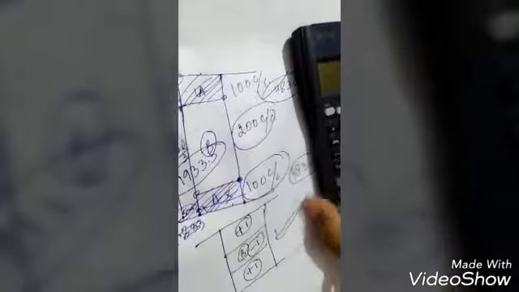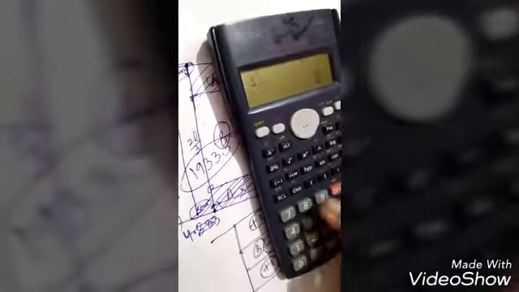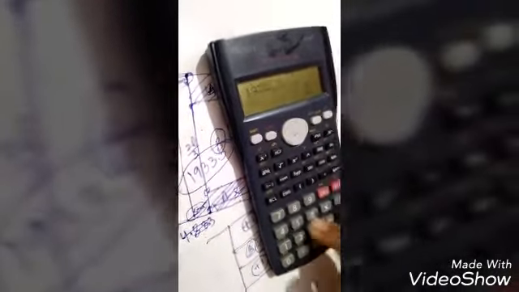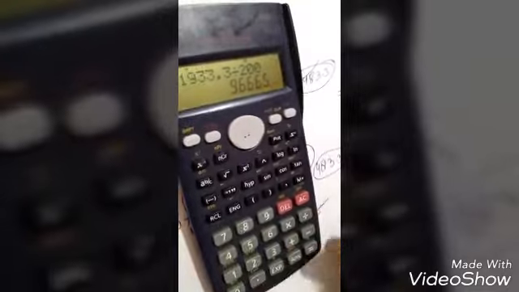What about the middle zone? The length is 1933.3, divided by spacing of 200. I got 9.66. I subtract 1, that is 8.66, which we take approximately as 9 stirrups.